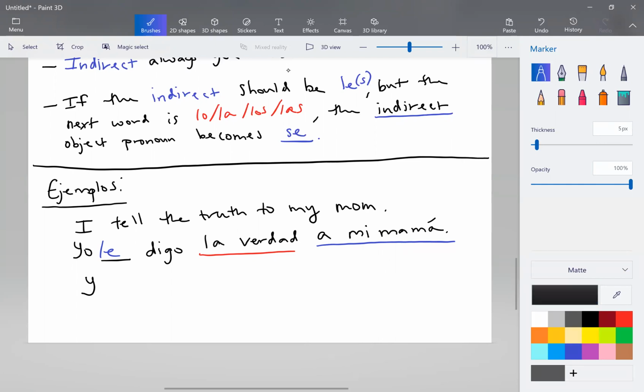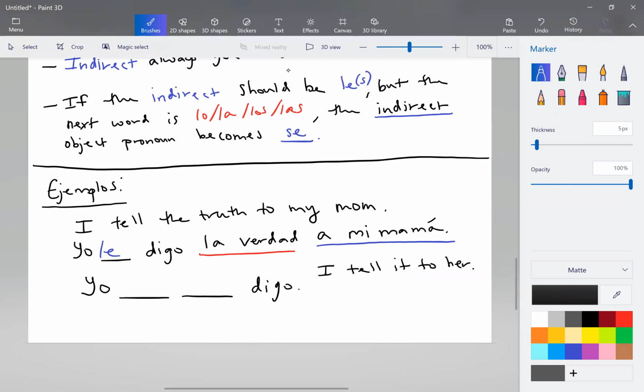We need to eliminate la verdad, and we're also going to take out a mi mamá, but we're going to keep le. And when we rewrite that, it's going to say, I tell it to her. It being the truth and her being my mom.